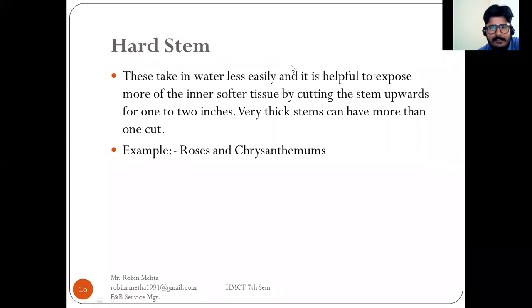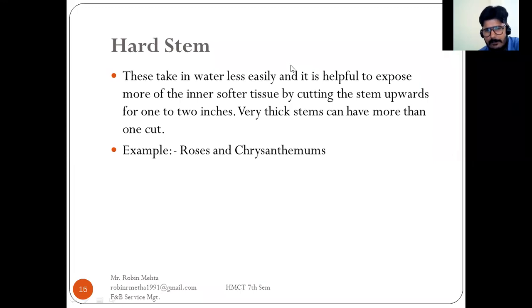Hard stems. These take in water less easily, and it helps to expose more of the inner softer tissue by cutting the stems towards, 1 to 2 inches. A very thick stem can have more than one cut. Rose is the example for this.